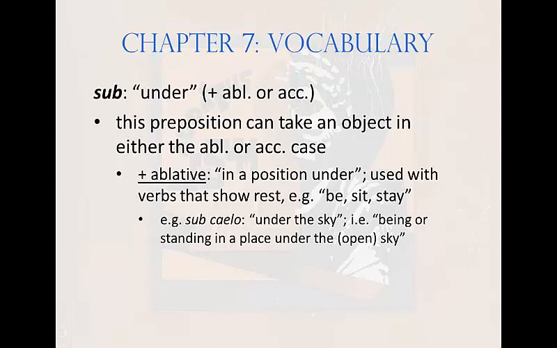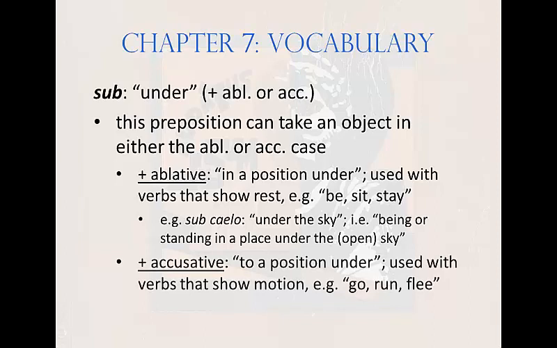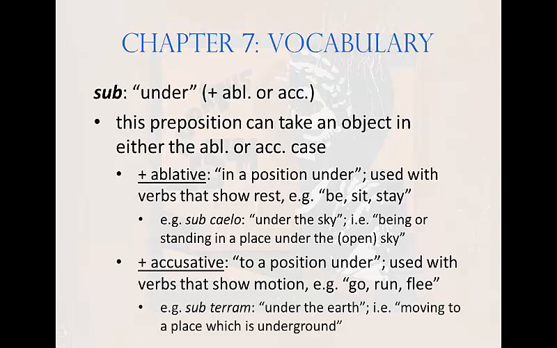If, however, sub takes an accusative object, it means to a position under, and is most often used with verbs that show motion, like go, run, flee. For example, sub terram, under the earth, showing that you're moving to a position under the earth.